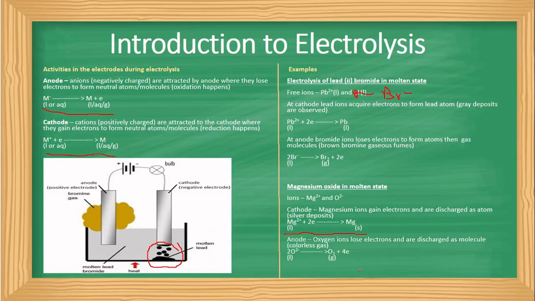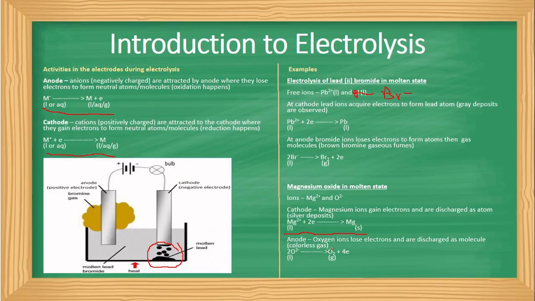Straightforward. In terms of the anode, oxygen ions will lose electrons and be discharged as a gas, of course a colorless gas which will not be visible, but it will be discharged at the anode. So O2 minus forms O2.